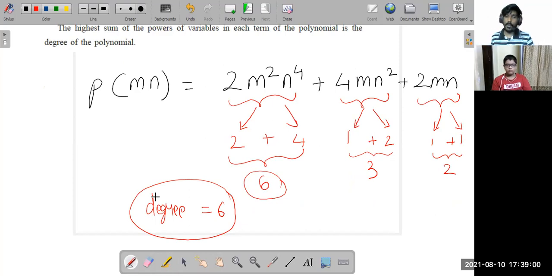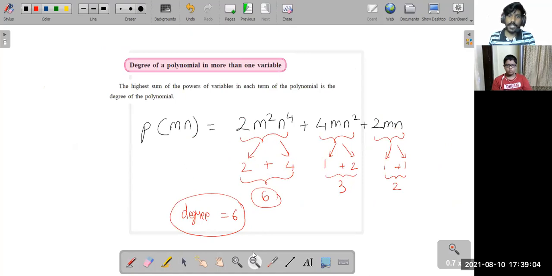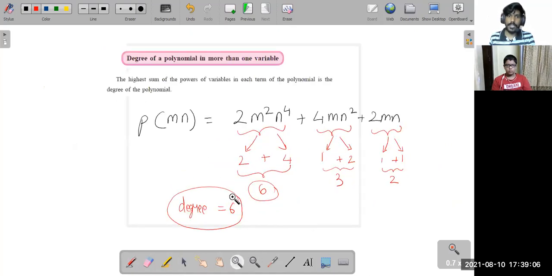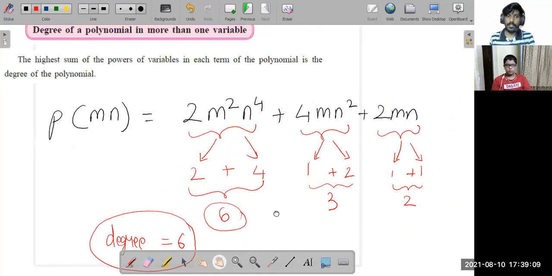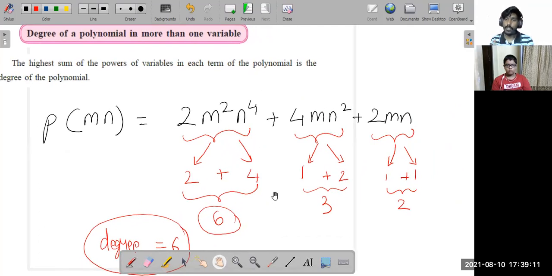So if you have a polynomial with more than one variable, then the degree of that polynomial will be the sum of the powers of both the variables. You look at the power of both the variables and add them in all the terms, and you see which is the greatest. The greatest will be the degree. So in this, degree 6.